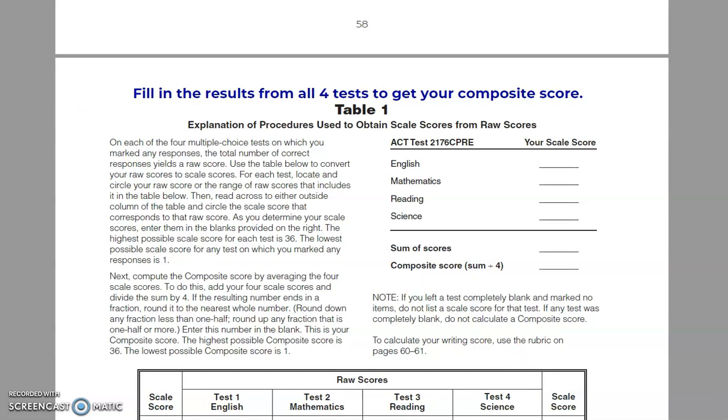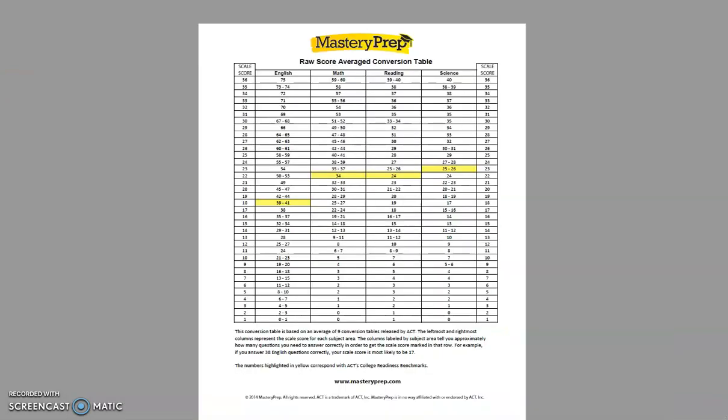Let's look at another chart that gives us a different perspective. These conversion charts that are connected with all these practice tests are unique to that test. If you need a conversion chart in general, or maybe you don't have access to the particular test that you're taking, Mastery Prep puts out this raw score average conversion table.